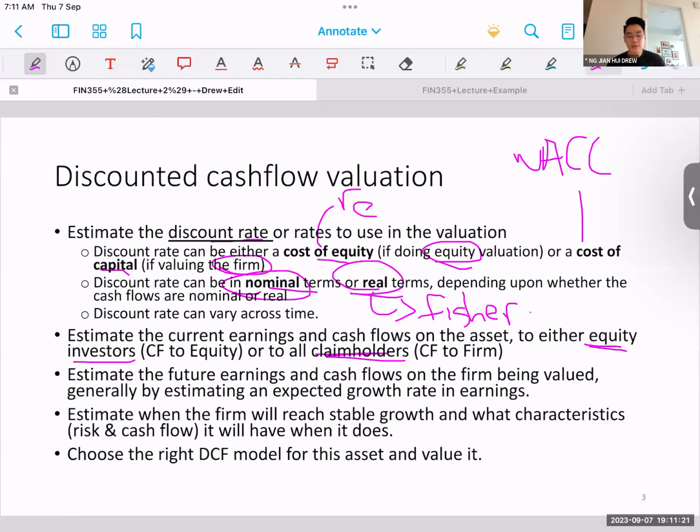There are a few things to consider as well in terms of your cash flow. In terms of estimating your future cash flow, at which part of the life of the business will the business achieve stable growth? Why is this important? Because we need to determine the terminal value of the equity.